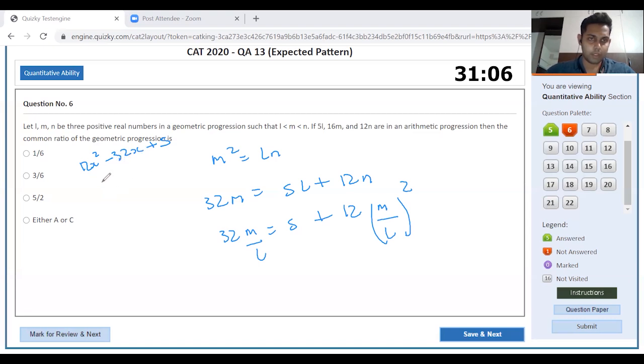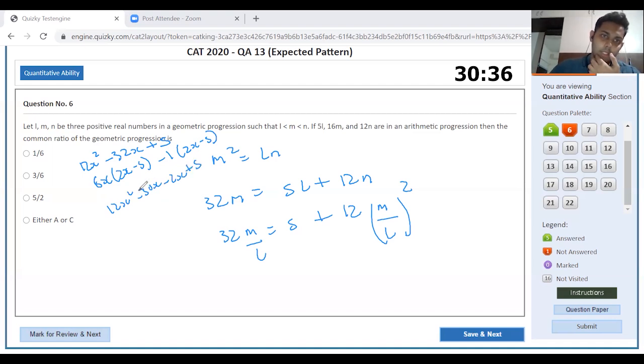So if I take out 32, we just make it half: 6x into 2x minus 5 minus 1, 2x minus 5. Right, so I get 6 2s are 12x square minus 30x minus 2x plus 5.